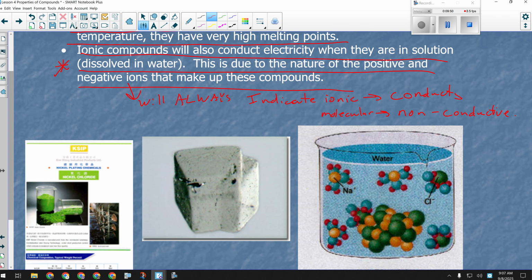And tomorrow I'll show you the little meter that we use to test that with. Basically a 9-volt battery with 2 leads coming off of it. And we'll see properties that tell you how much it conducts. Pretty simple piece of equipment to use.